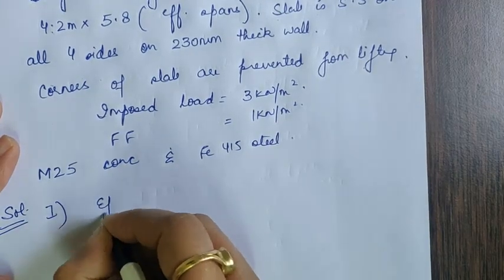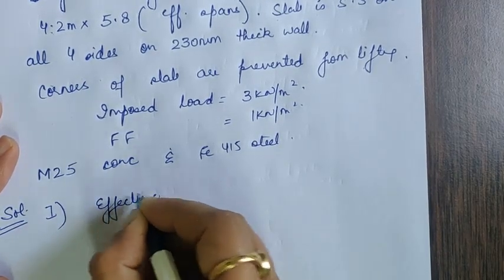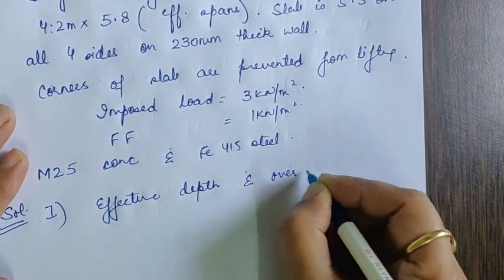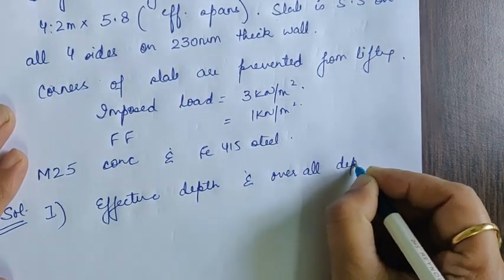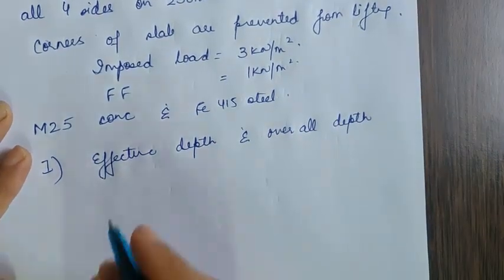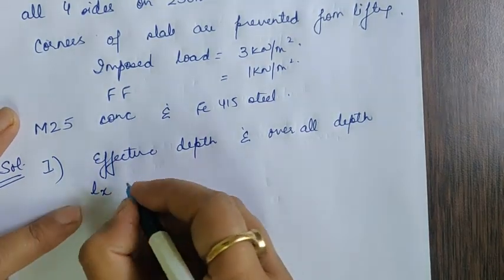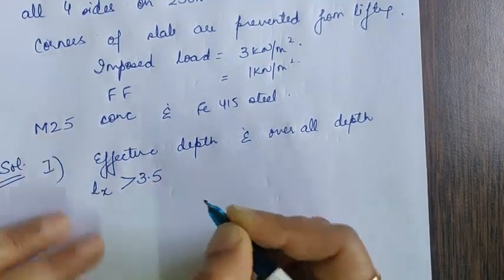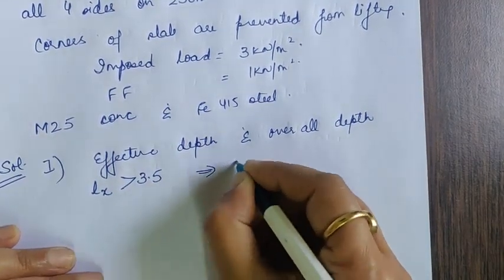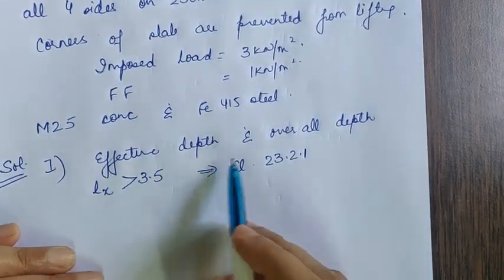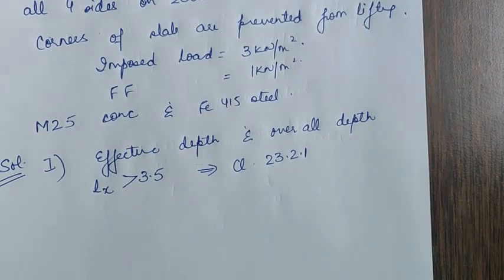First step is we are to assume some effective depth and overall depth. And we know if the value of the shorter span is greater than 3.5, then we are to use clause 23.2.1 to assume the values of effective depth and overall depth.